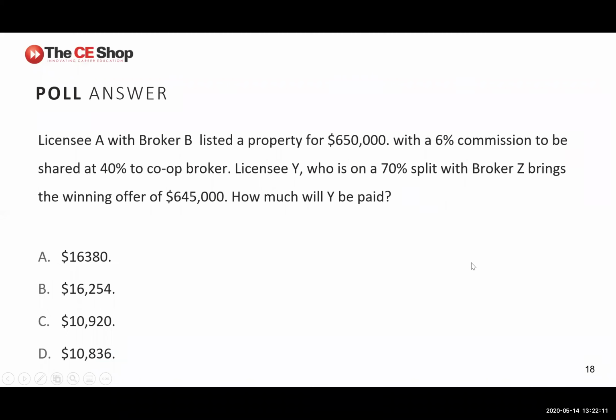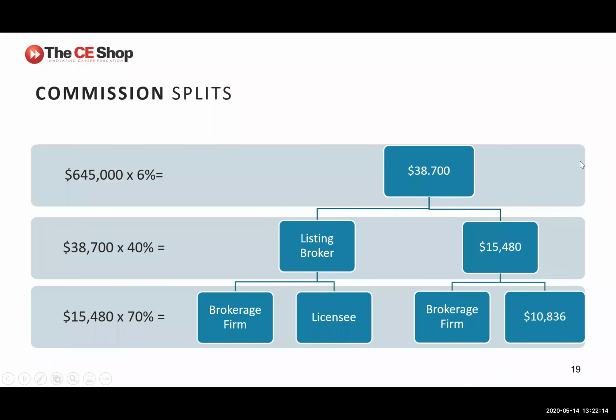So here we go. This one, we're doing the calculations, but also showing you how it works out with the little grid that we had before. The sales price was $645,000. You're going to multiply that by 6%, and you've got a $38,700 commission.